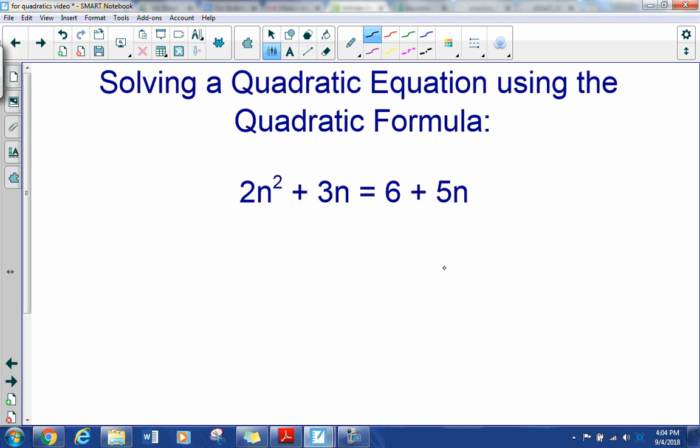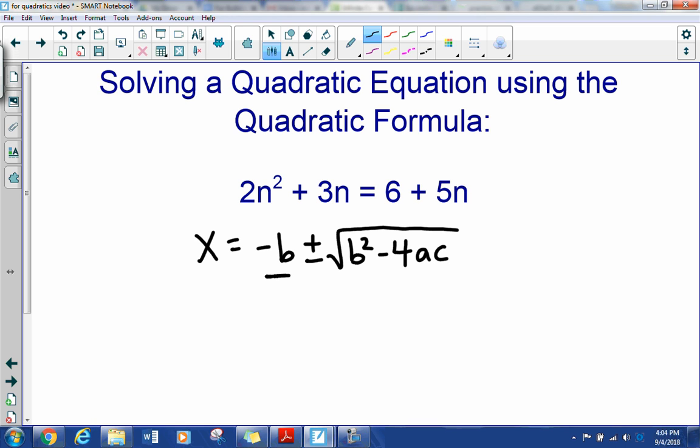The quadratic formula is something that you don't necessarily need to have memorized. It would be listed out on a formula sheet for a test that you would be taking. You just have to be able to get it from the formula sheet. And it says x equals negative b plus or minus the square root of b squared minus 4ac, all of that over 2a.